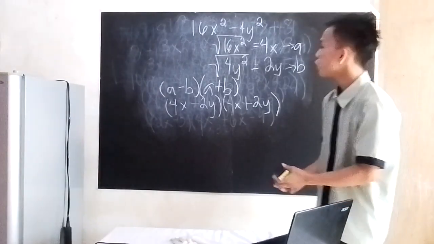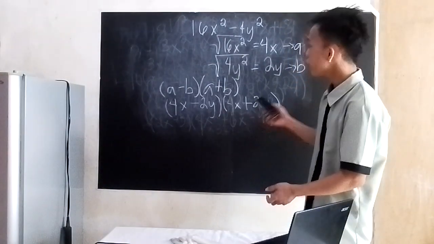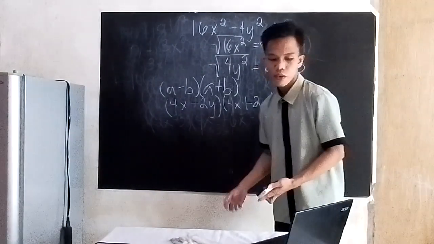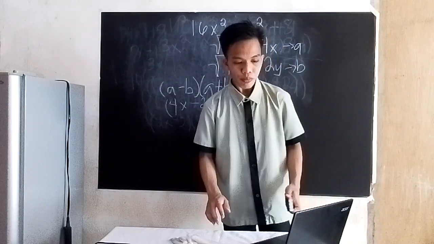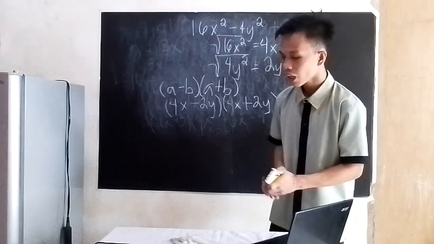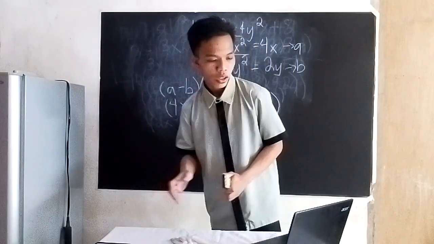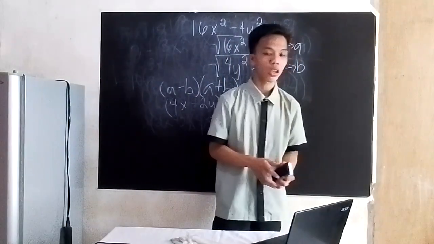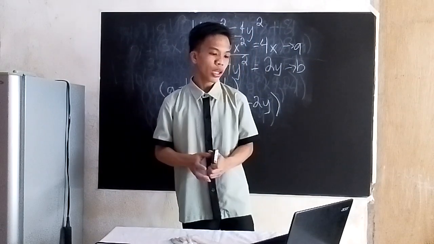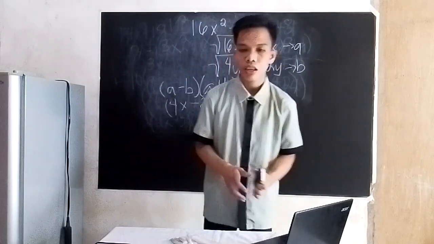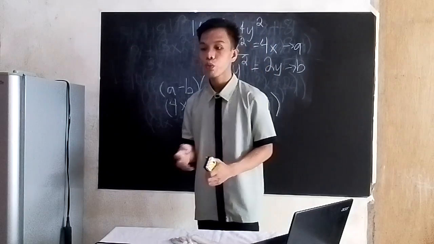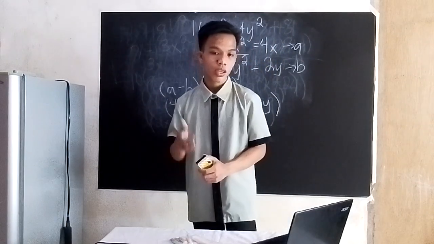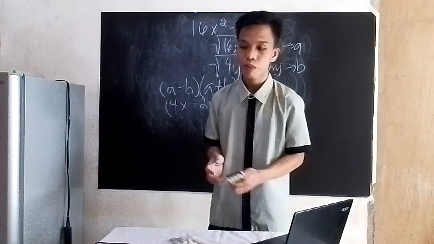Okay, so we are done now with the four types of factoring. Let's have a summary first. Again, what is our topic today, or what have we discussed today? That's right, that will be factoring polynomials.